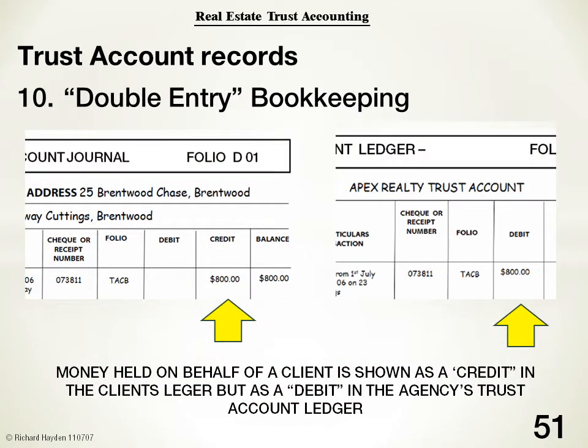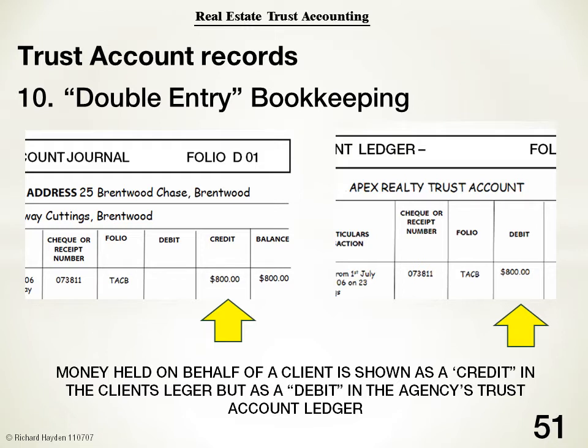Number 10, the double entry bookkeeping system. Let's have a look at this. On the left hand side we've got an extract of the client's journal, which is showing the address of 25 Brentwood Chase. That's the property that's being let, and on the other side we have the agency trust account ledger.